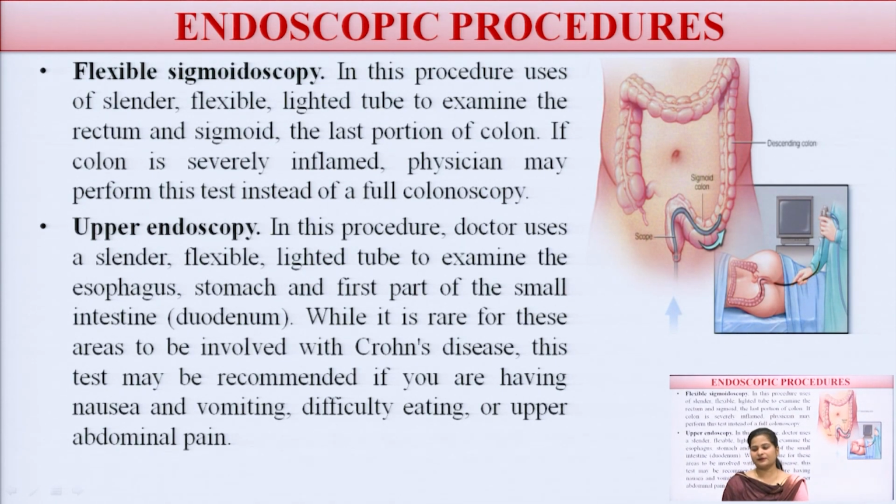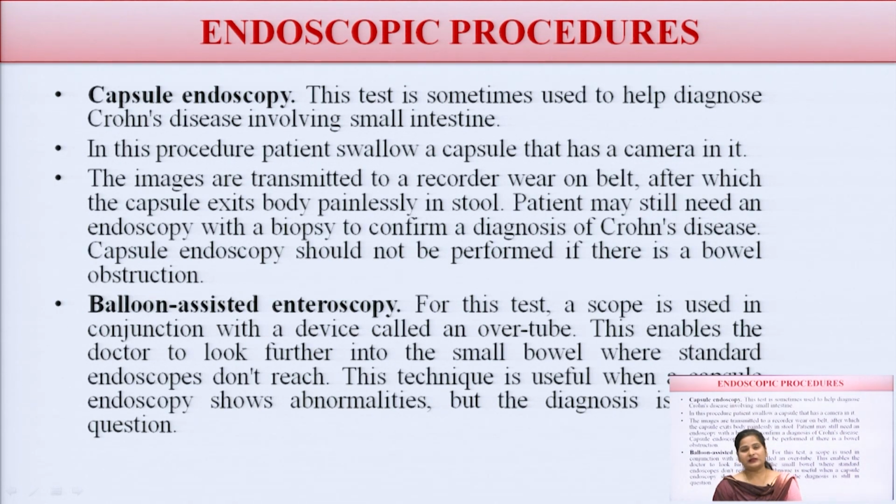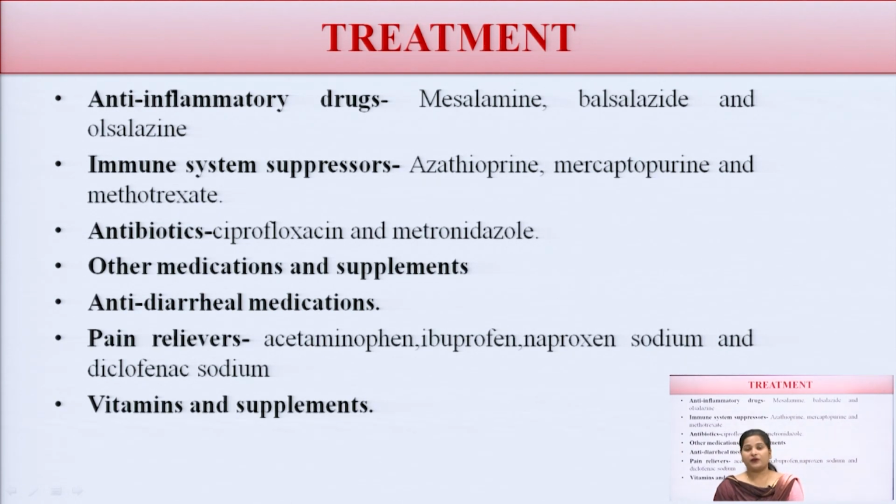Now, flexible sigmoidoscopy is used for the same purpose as colonoscopy. These are some other endoscopic procedures and lab tests for the detection of ulcerative colitis and the IBDs.